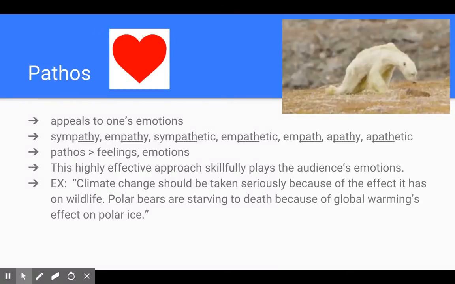For example, climate change should be taken seriously because of the effect it has on wildlife. Polar bears are starving to death because of global warming's effect on polar ice.